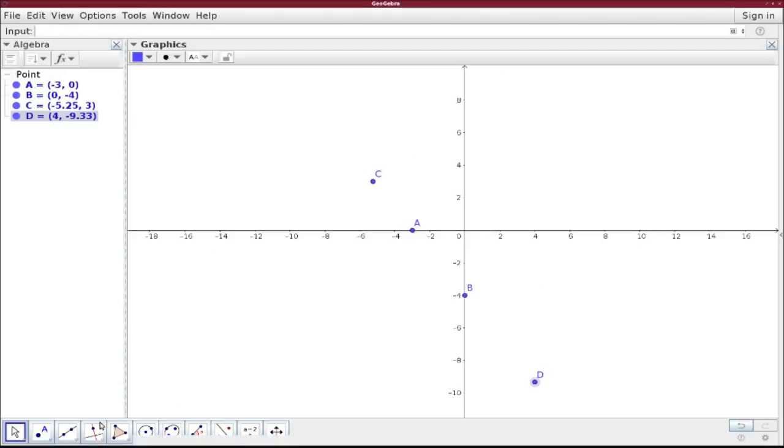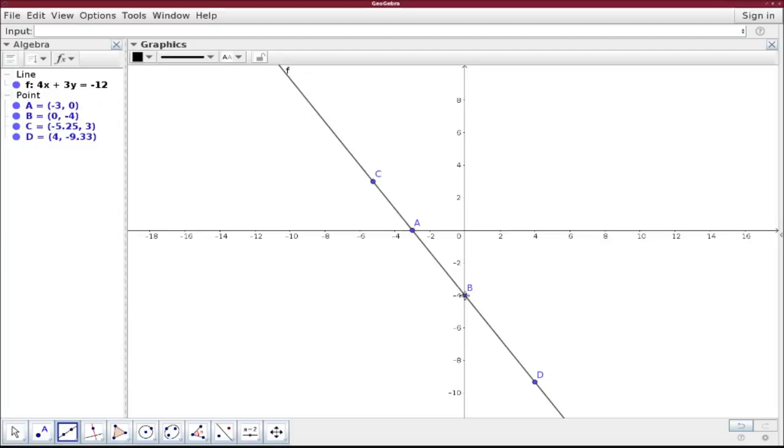Well, if we draw the line through our x-intercept and our y-intercept, what we see is that, yes, we do in fact end up with an equation that Geogebra gives us that is pretty similar to the equation that we started with. We started with the equation negative 4x is equal to 3y plus 12.